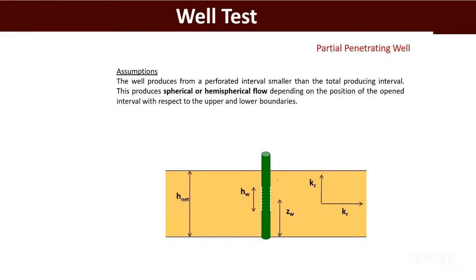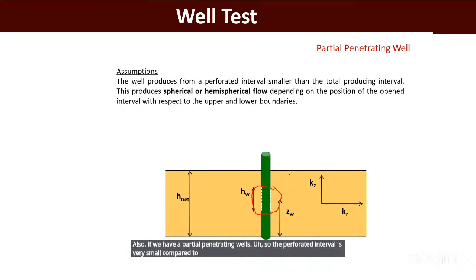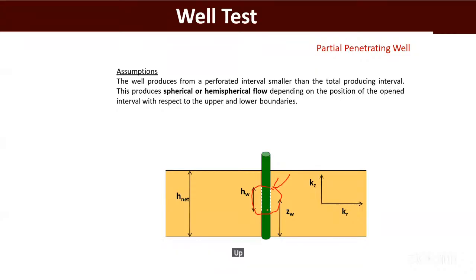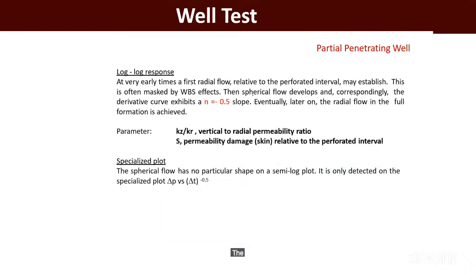Also, if we have partially penetrating wells, the perforated interval is very small compared to the total thickness of the reservoir. So we can see some flow coming from up and down to the perforation. So we can have spherical or hemispherical flow, depending on the position of the open interval with respect to the total thickness.